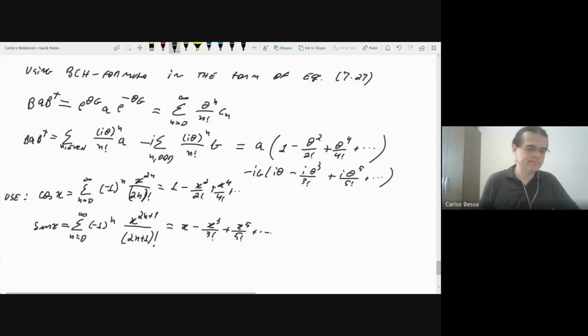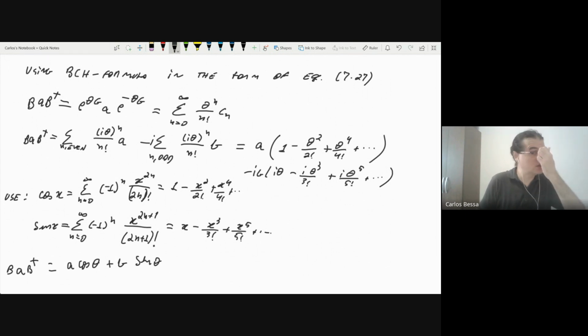So B A B dagger is A cosine of theta plus B sine of theta. And this sign is different from the Nielsen-Chuang book because of the definition of G, right? So you can check, but it is in accordance with the link.